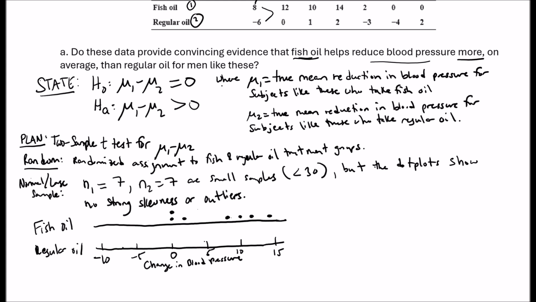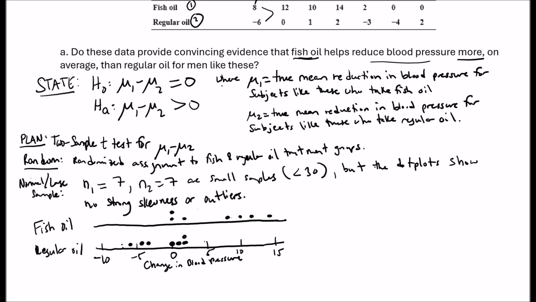And we got -6 here. 0, 1, 2. We got -3. -4. Oops, I put it in the wrong spot. That's -7. -4 is here, and -3 is here. And then we got 2.